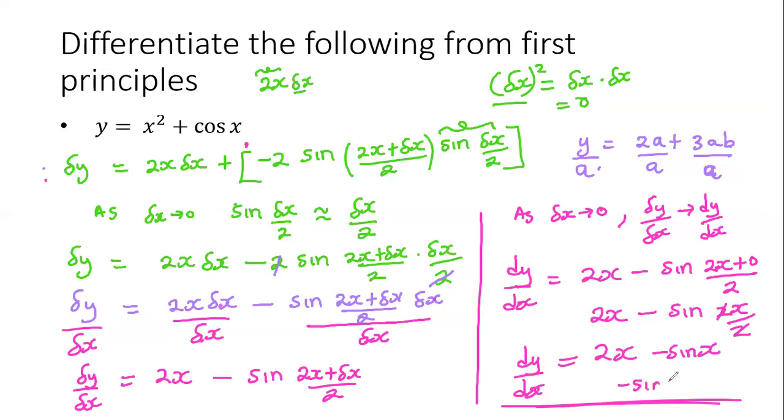Some of us got negative 2x sine x, so we just inverted the order. I'm confused because I don't know how. Are you seeing this bracket?